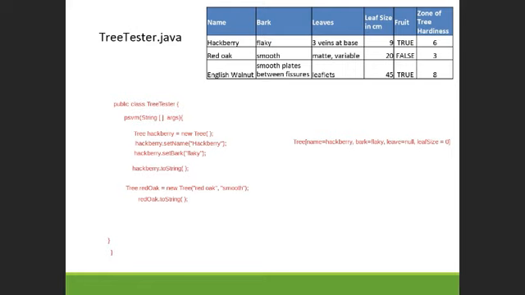Leaf equals null, leaf size equals 0. So this is how we would create our tree objects. This is using the default no-arg where we use the setters, and then this is using a non-default where we passed in values, which is pretty sweet.